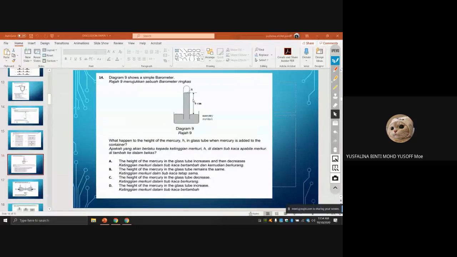So the atmospheric pressure is the same, it is constant. Okay, so if you add some mercury, the H will still be the same. Okay, so the answer is B, boy. Okay, so H is usually 76 cm, right?